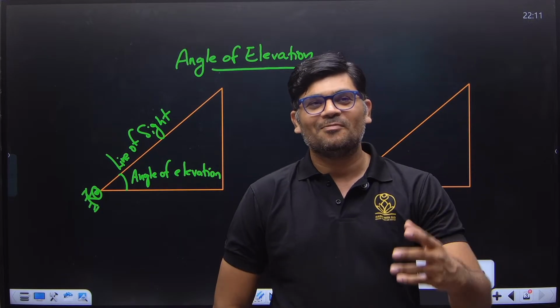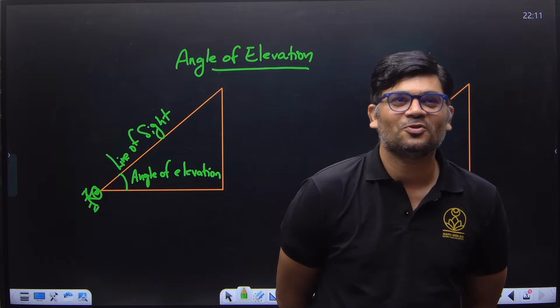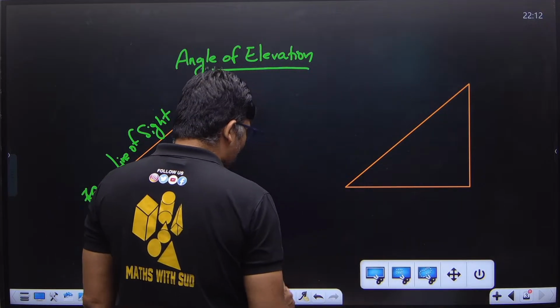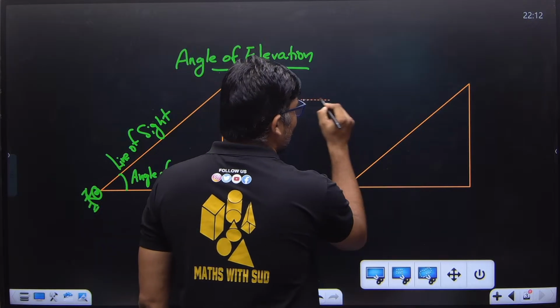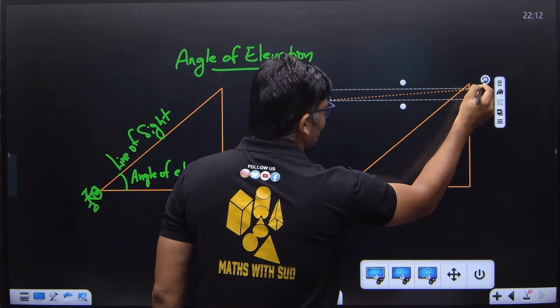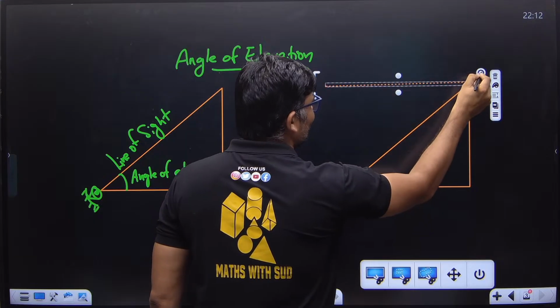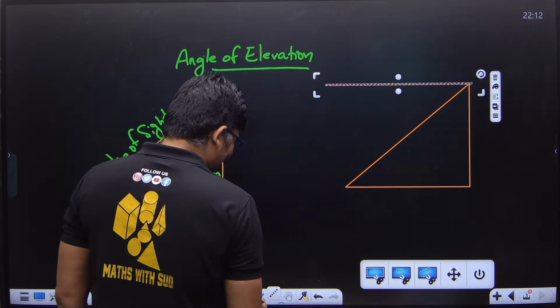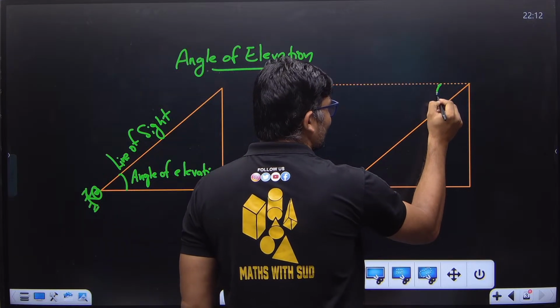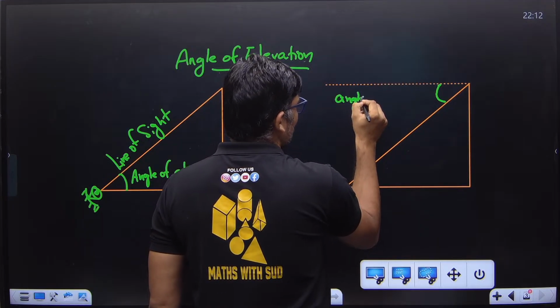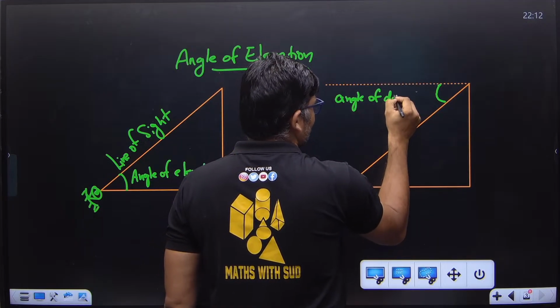How was your exam? Okay, so we are in a depression mode. So when we are in a depression mode, that means we are looking down. So when we are looking down, then that angle is known as angle of depression. Don't go by the logic. It is just for the sake of remembering it. So this angle is known as angle of depression.